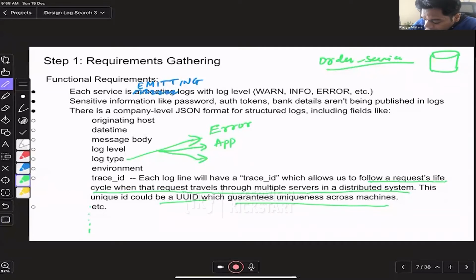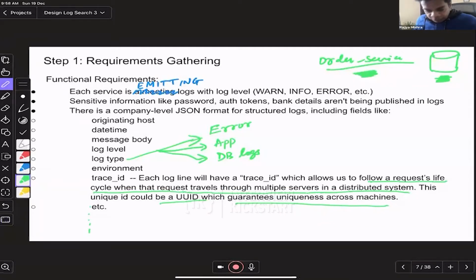I would be interested in what my application was doing and what my database was doing at the time this bug happened, and how they correlate with each other so that I can zero in on the problem. So the DB logs would also be coming into this log search application. So that could be another type of log. Okay, hope that answers your question. Good question, thank you.